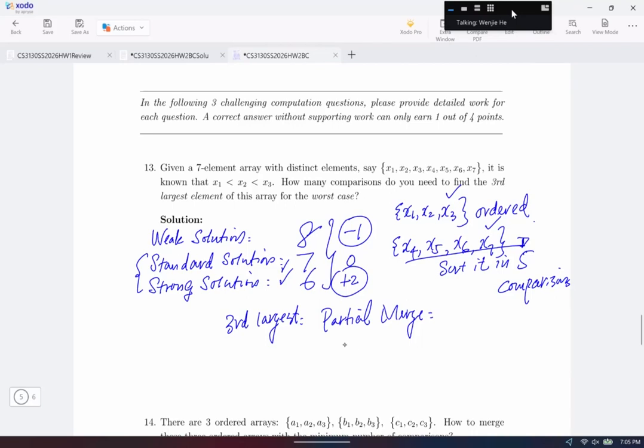So we know the third largest costs 3 more comparisons. So in total, 5 plus 3, 8 comparisons. That's a weak solution.